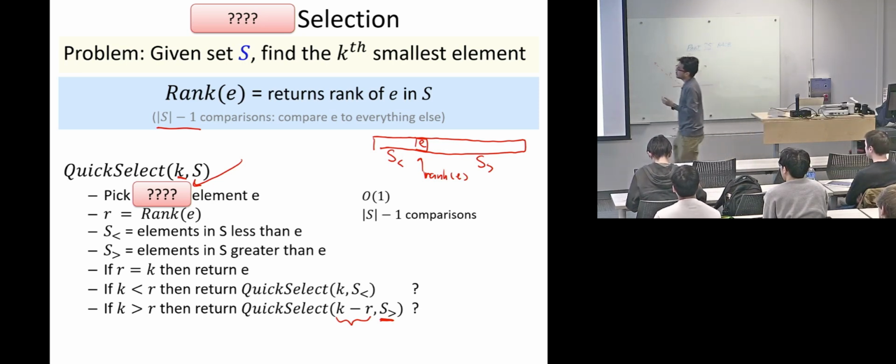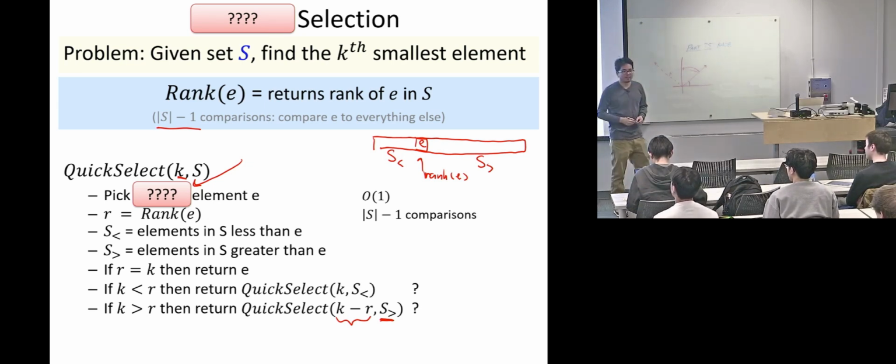Yeah, you can choose any number, but if you choose it arbitrarily, the algorithm could be slow. E could be at the extreme, like the smallest guy, and every time you reduce your problem size by only 1. In the worst case, it's n squared.